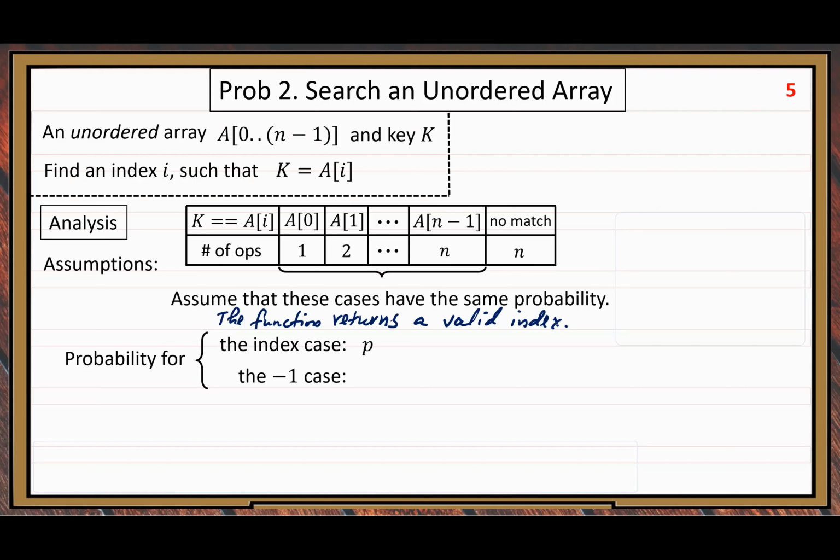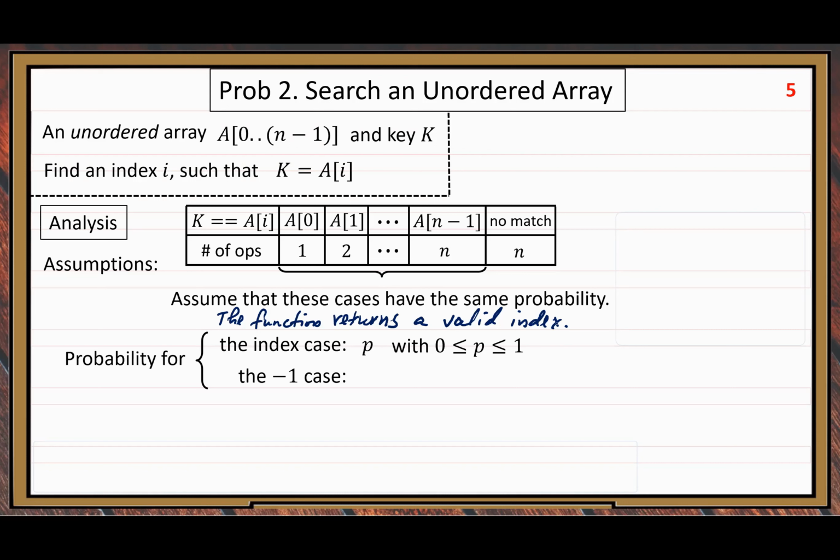Let's assume the probability for the match case is P. That P is a number between 0 and 1, inclusive. Could be 0, could be 1.